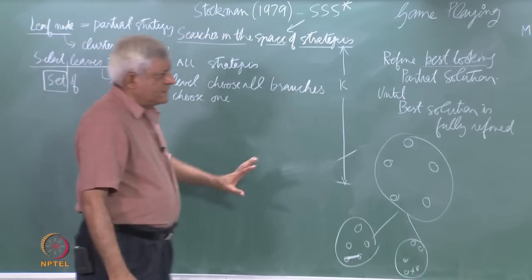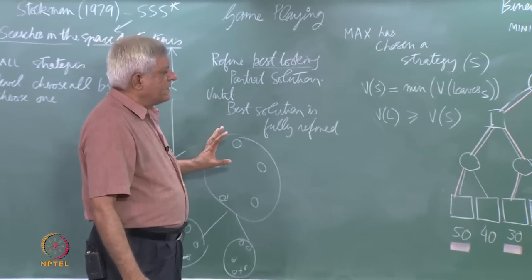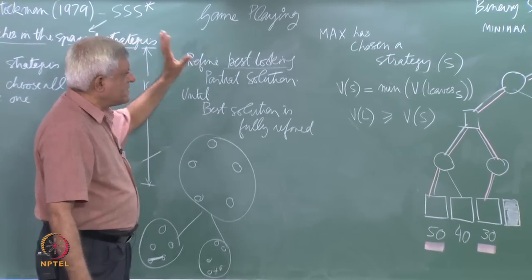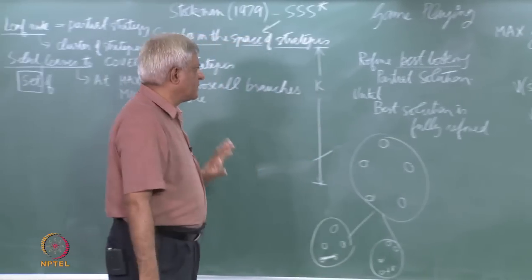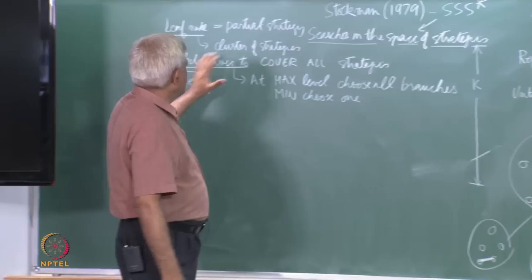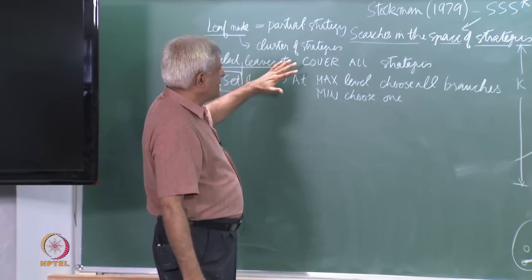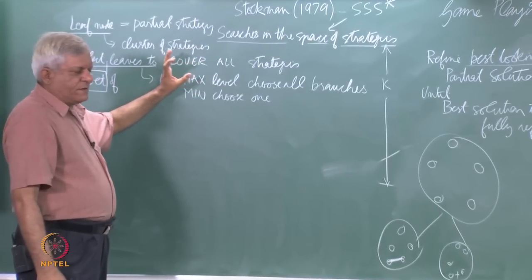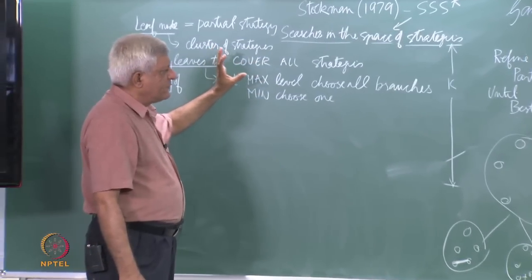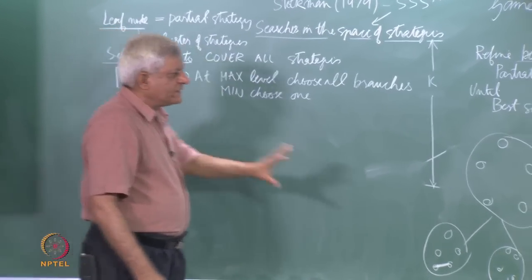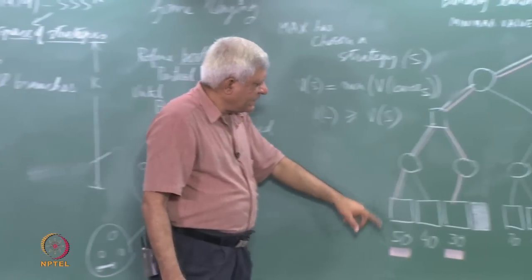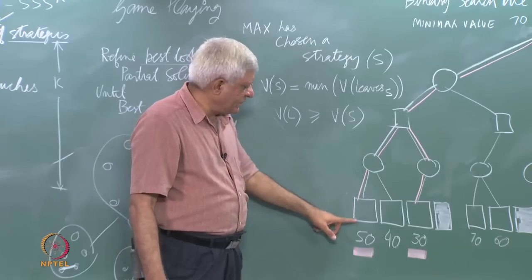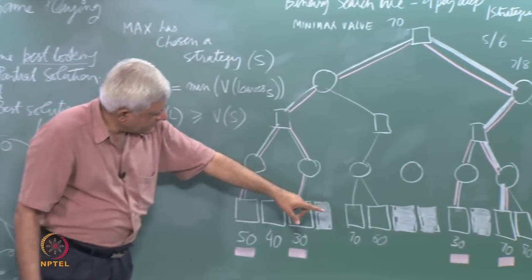We want to do something similar here in SSS star, in that we first cover all the possible solutions, and that is what we have done by choosing the set of leaves to form the clusters which cover all strategies. So, in this case we have 4 clusters, and in each cluster we have one representative leaf: 50, 30, 30 and 70.